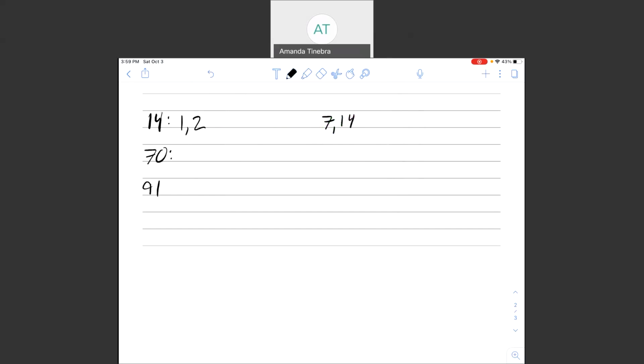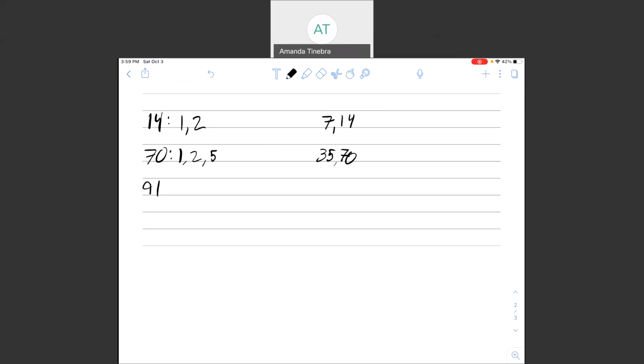For my pairs of numbers that will go into 70, again, 1 times 70. If I do 70 divided by 2, I get 2 and 35. 3 does not go into 70. 4 does not go into 70. 5 does go into 70.